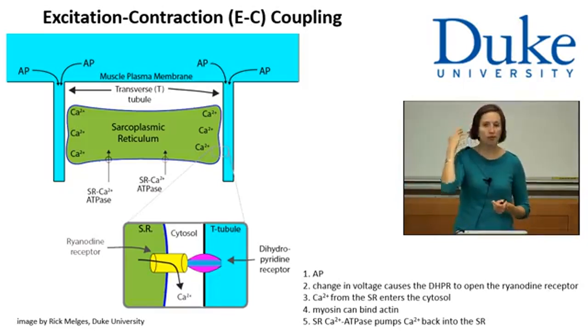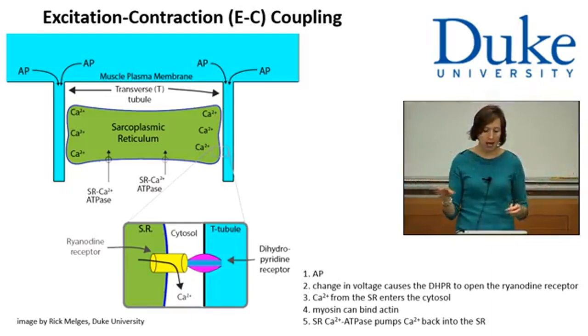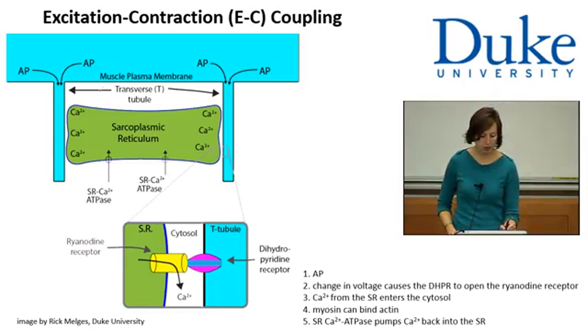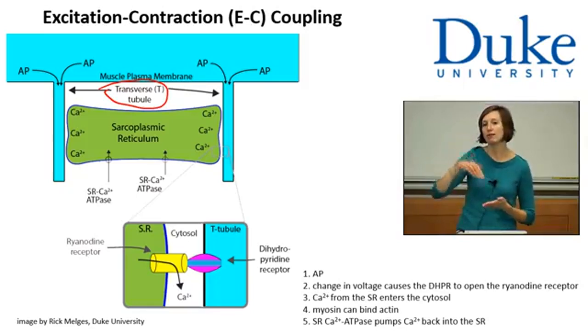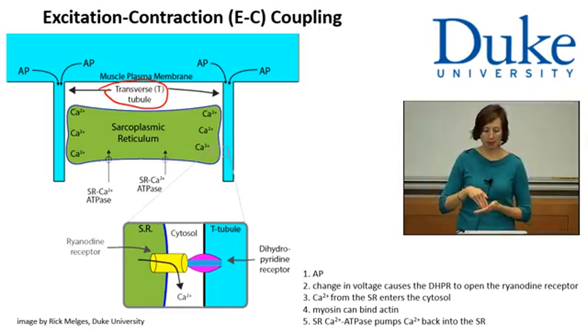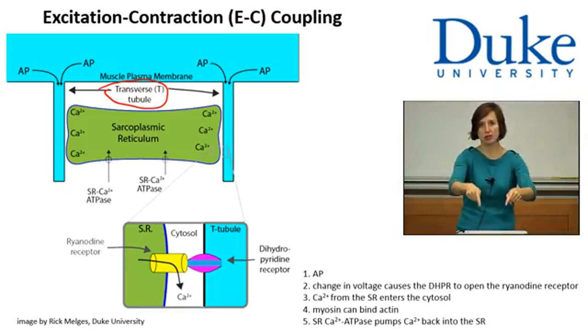So that action potential will, as I said, travel along the whole length of the skeletal muscle membrane, and then also travel down special invaginations of the plasma membrane called transverse tubules. Transverse because they're at 90 degrees from the plasma membrane, and this is going to bring the action potential into the muscle fiber.